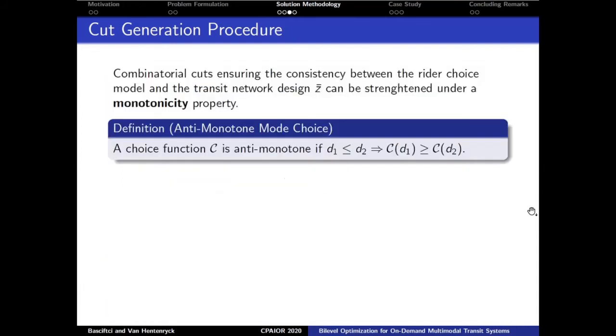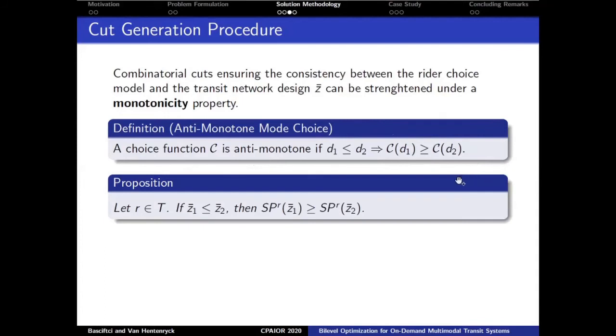Then we were thinking about whether we can obtain stronger cuts based on the choice function's properties. And to do that, we consider the monotonicity property by defining anti-monotone mode choice functions. So a choice function is anti-monotone if it satisfies the following property. And then we propose the following.